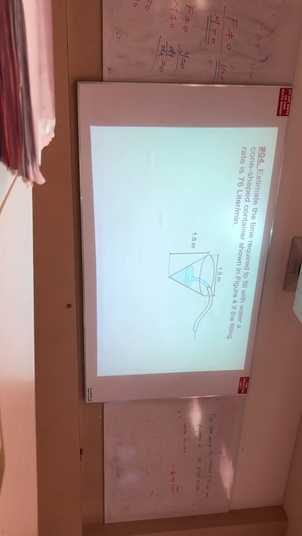The last question is to estimate the time required to fill with water a cone-shaped container, as shown in this figure. The filling rate is 76 liters per minute. Do you understand or not? Okay, you forget about this shape. You look here.